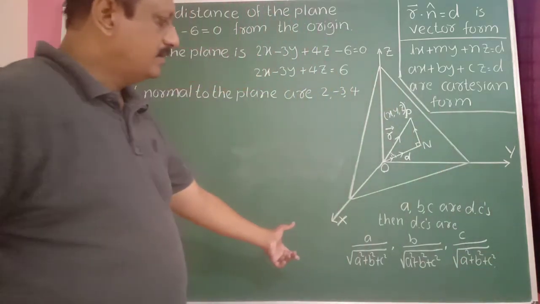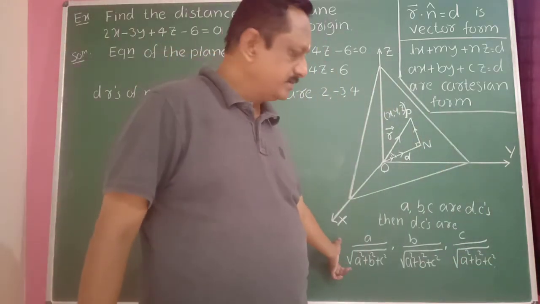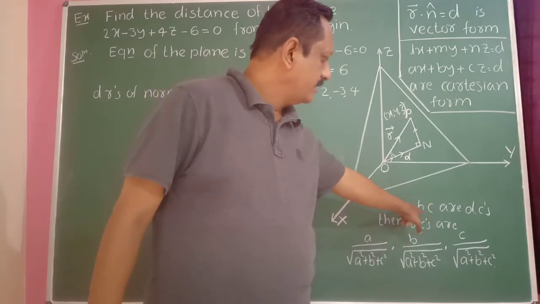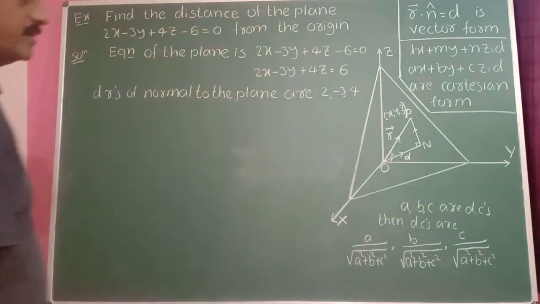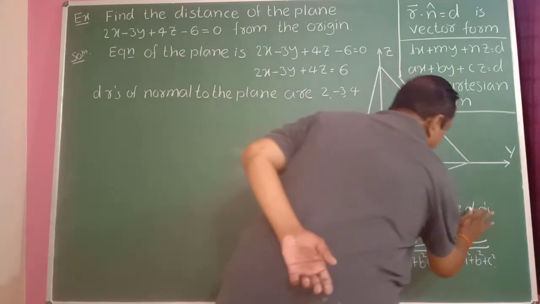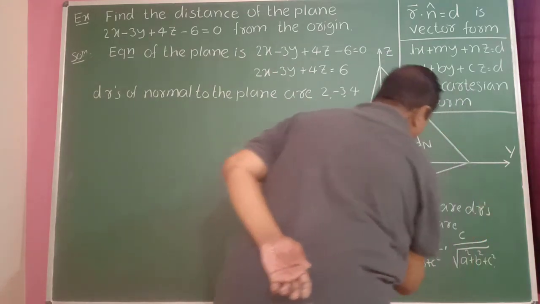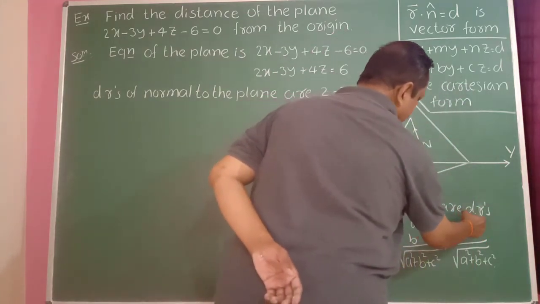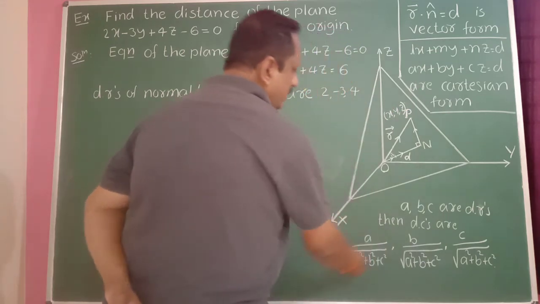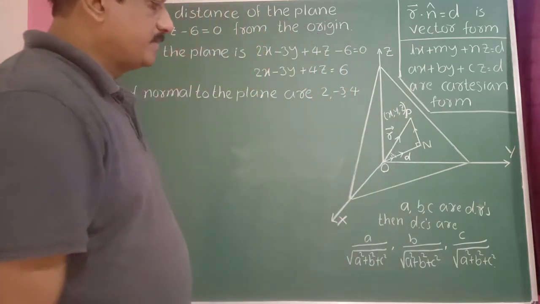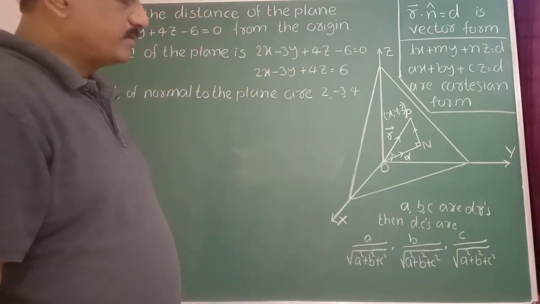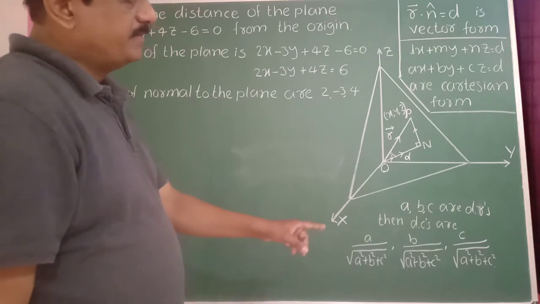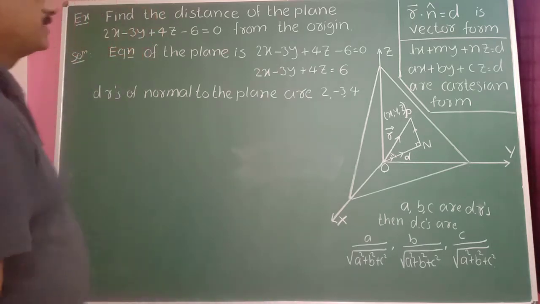You know this formula. These are the direction cosines of these direction ratios.